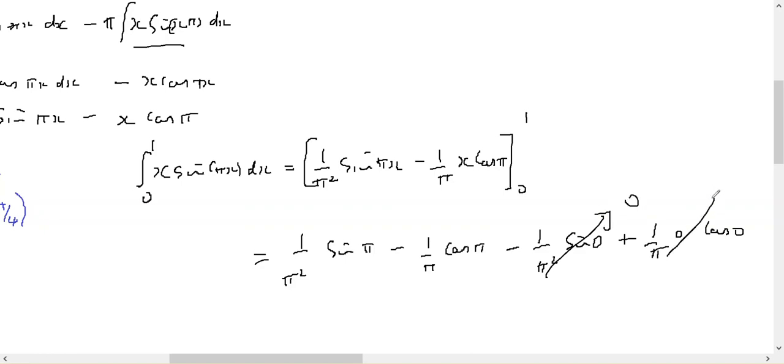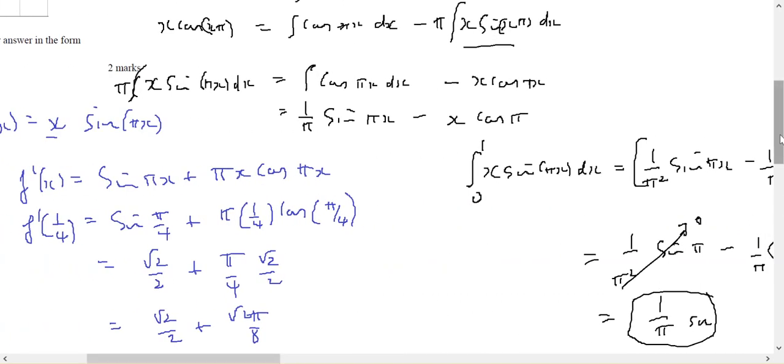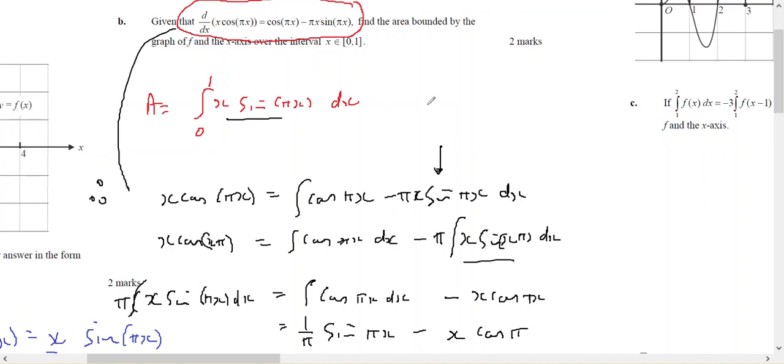That's 0, that's 0, so that's 0, that's equal to negative 1, so it equals 1 on pi square units.